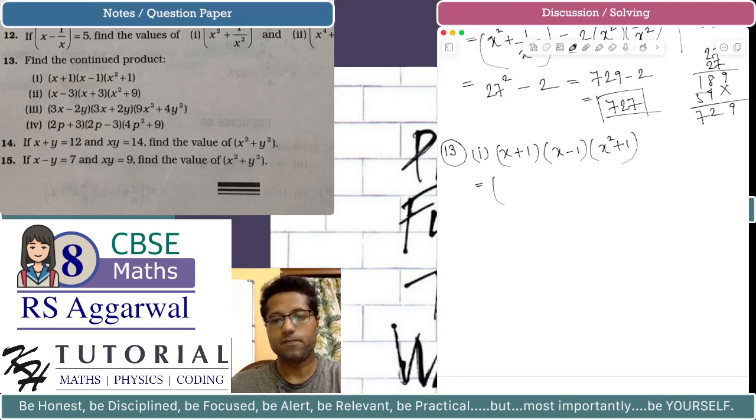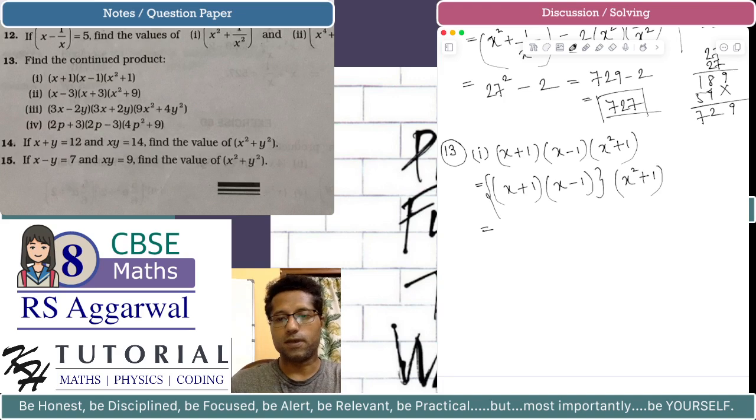So if you consider the product of x plus 1 and x minus 1, it becomes x square minus 1, using the formula that a plus b into a minus b is equal to a square minus b square.